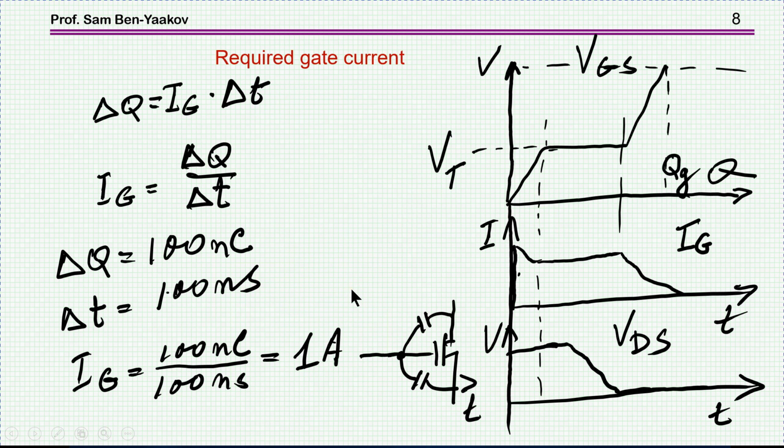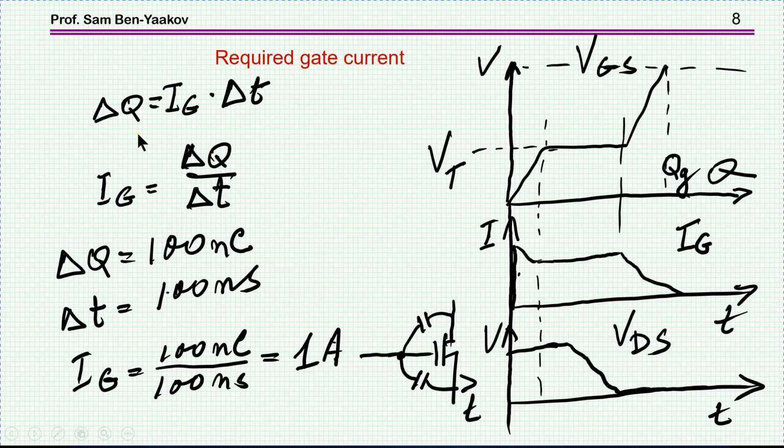So how much current do we actually need? We have to supply a certain amount of charge. It takes some time to supply it. The larger the current, the faster will be this duration.